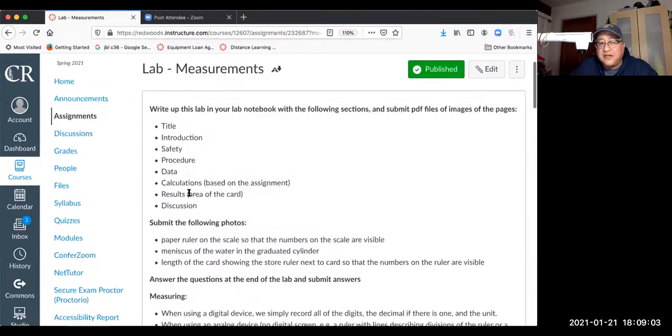You'll notice there's a calculation section in your lab write-up that you're going to put in your lab notebook. And this says based on the assignment. So you can put that calculation in the calculation section. And for the assignment below, you can say, refer to the first calculation in the calculation section. And that's perfectly fine. All right.